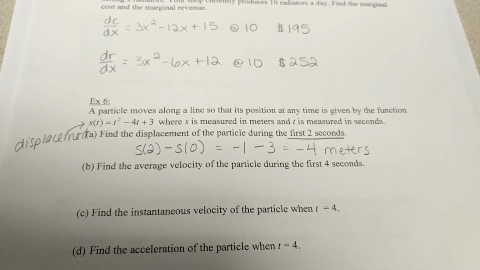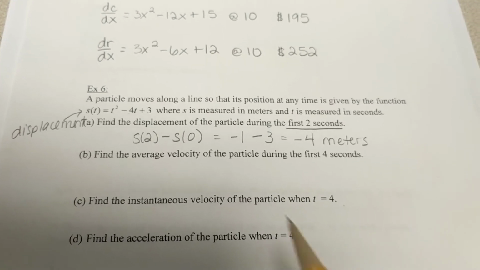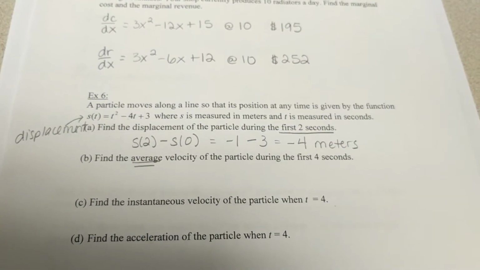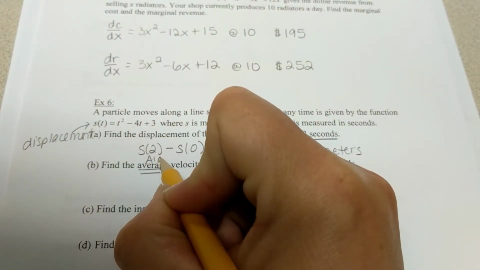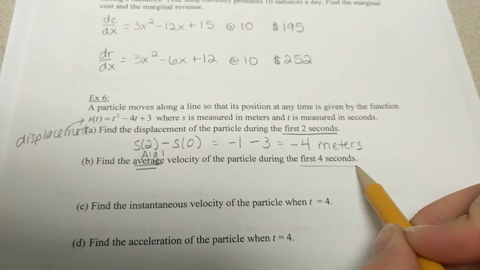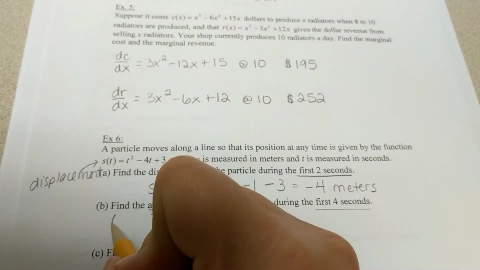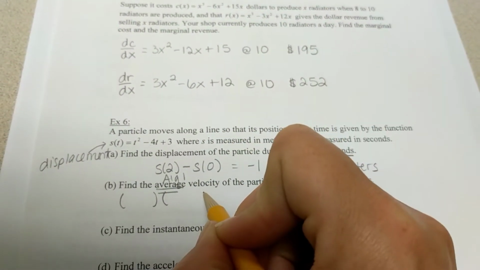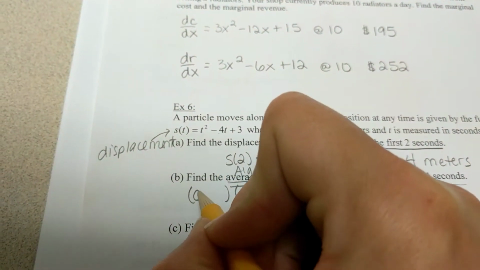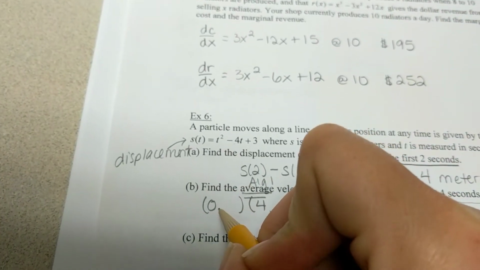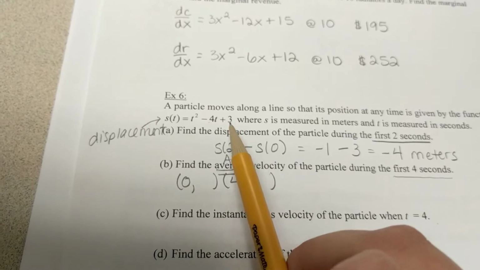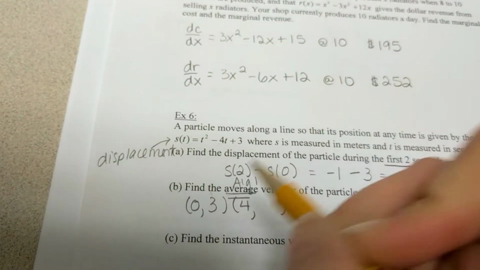So then in part B, it says, find the average velocity. There's that key word, average. Average, we think algebra 1 slope. And again, it says during the first 4 seconds. So that means I need 2 ordered pairs. If I'm doing average velocity, we're doing algebra 1 slope. So I want to start at time 0 and end at time 4. We already figured out s of 0. If you plug in 0, you got 3.